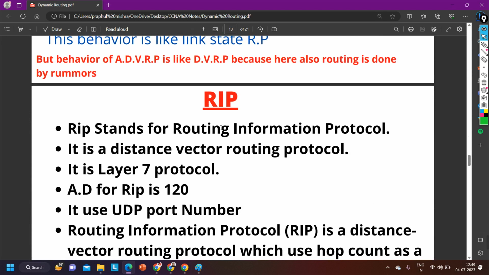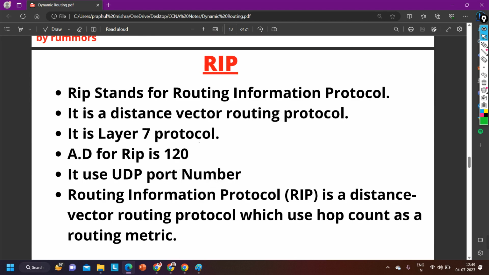We have lots of commands, lots of configuration, and lots of troubleshooting in all dynamic routing protocols. Nowadays we are definitely not using RIP, but to understand other routing protocols, you have to understand RIP. And in small networks, we are still using it as well.